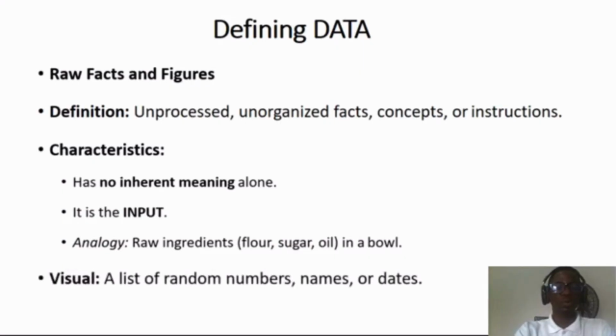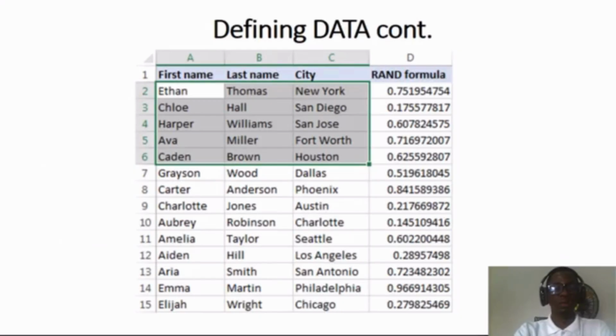Now let's use the diagram to illustrate what data is. A data can be a list of random numbers. It can be your name, just like I said, or your date. Now using this figure, this is collected data of individuals, where we have the first name, the last name, the city, then the random formula.